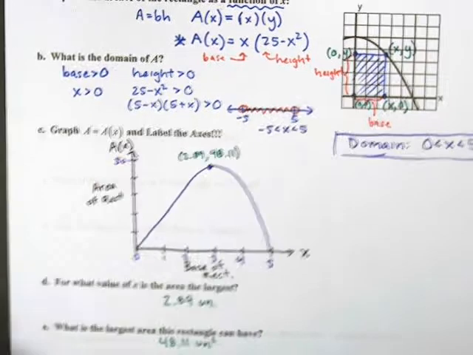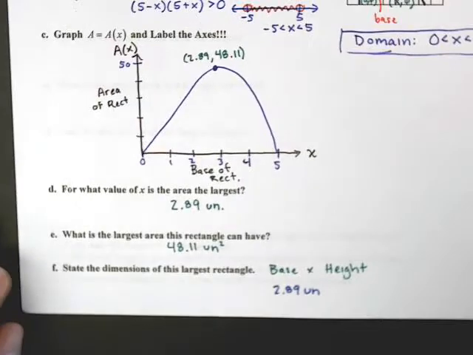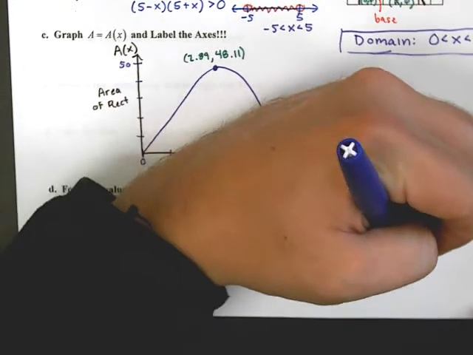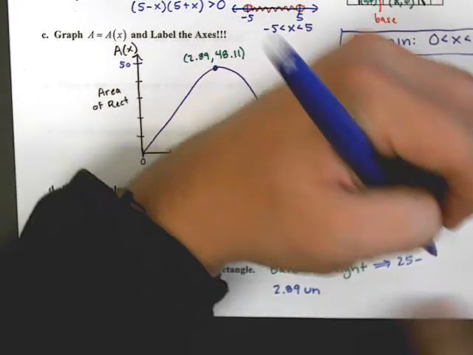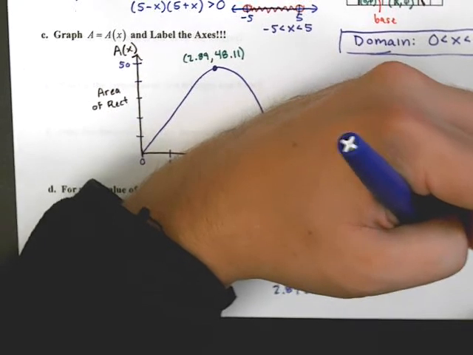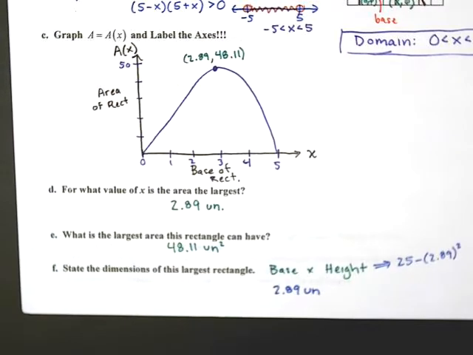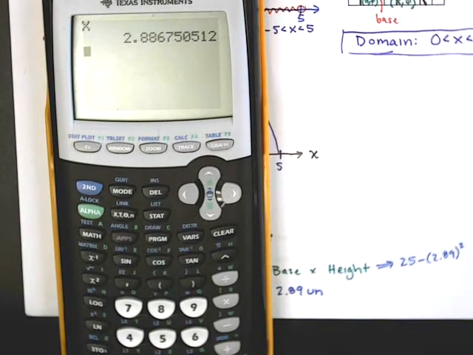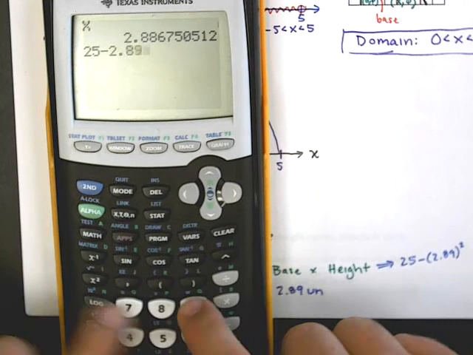So, if I come back down and I do a little bit of work, I know that this is going to be 25 minus, and then I'm going to basically plug this guy in. But again, we have the calculator for a reason. We want to be as exact as possible. So this is where I do not want to just do 25 minus 2.89 squared.